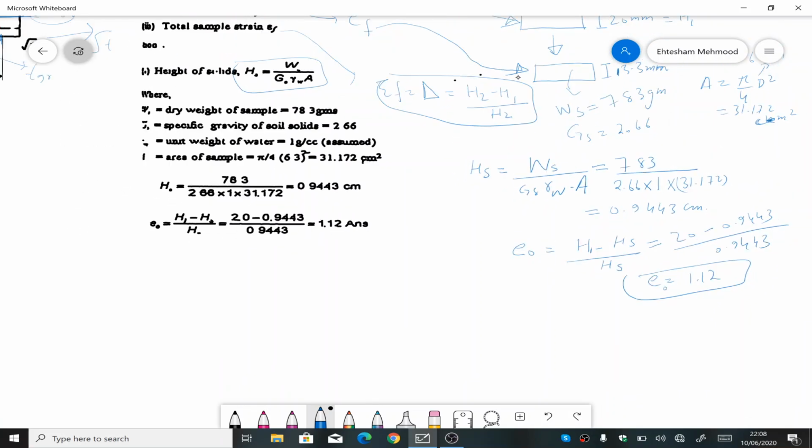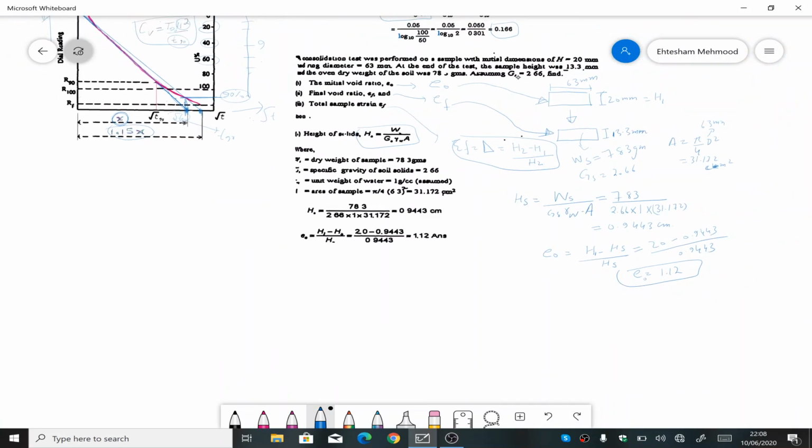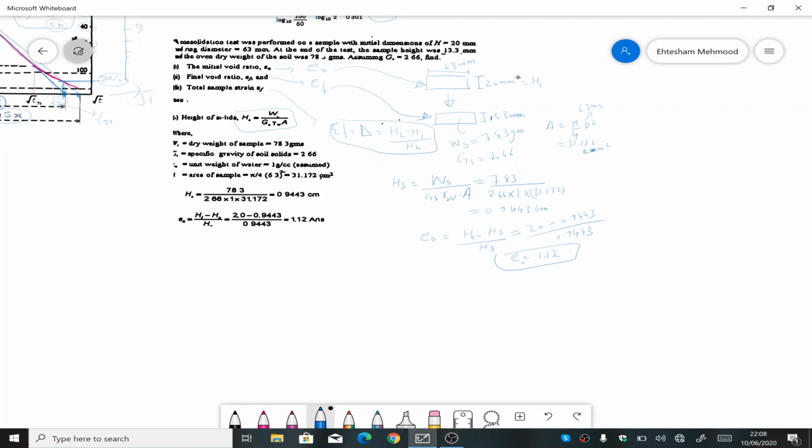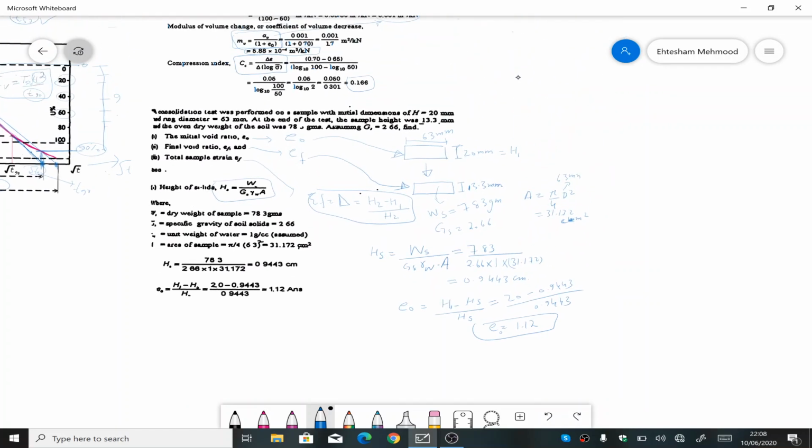Similarly we will find out ef. First of all we'll do the easier part, that is strain, which is simply equal to H1 minus H2 over H1.